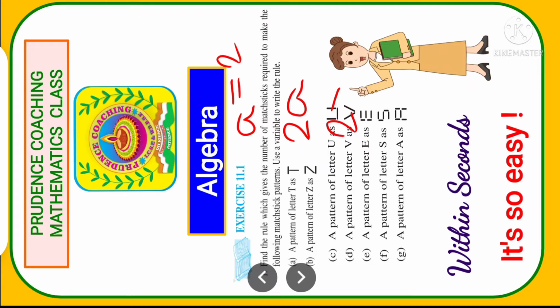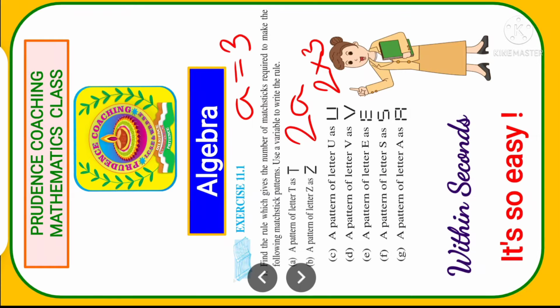Again I can say that a is 3. If a is 3 in this 2a, that means this value will become 2 into 3, that is 6. So the value of the variable changes, therefore it is called a variable. On the other hand, the numerical value doesn't change, it is fixed, therefore those are called constants. And here you need to find out the pattern for the letter T first.